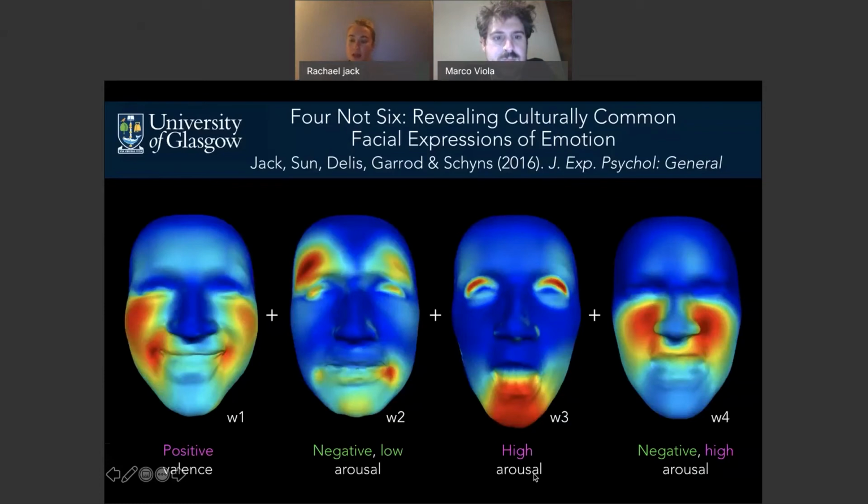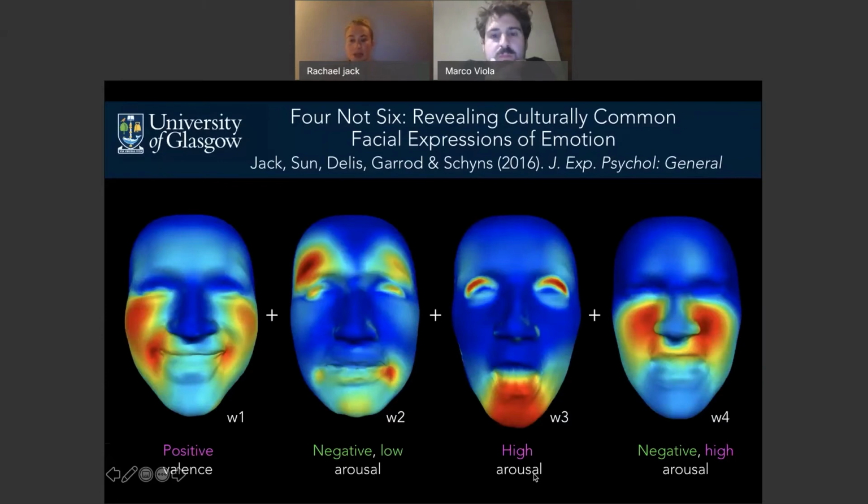Now the rightmost facial expression pattern, this is almost exclusively associated with negative high arousal emotions such as hate, disgust, and rage. Now, what does this mean?